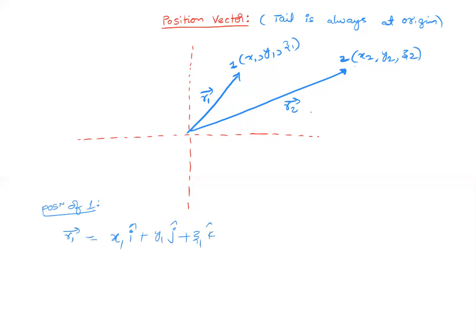For origin the coordinates are 0 comma 0 comma 0. So the tail is definitely at origin.